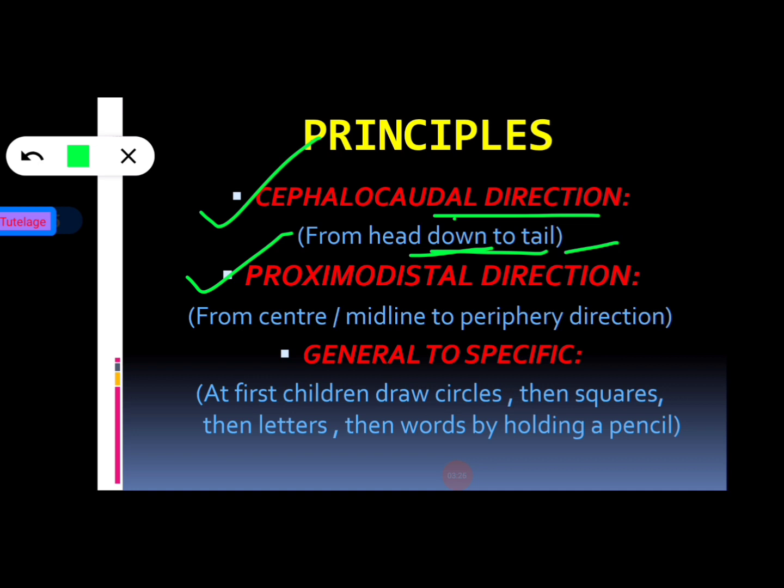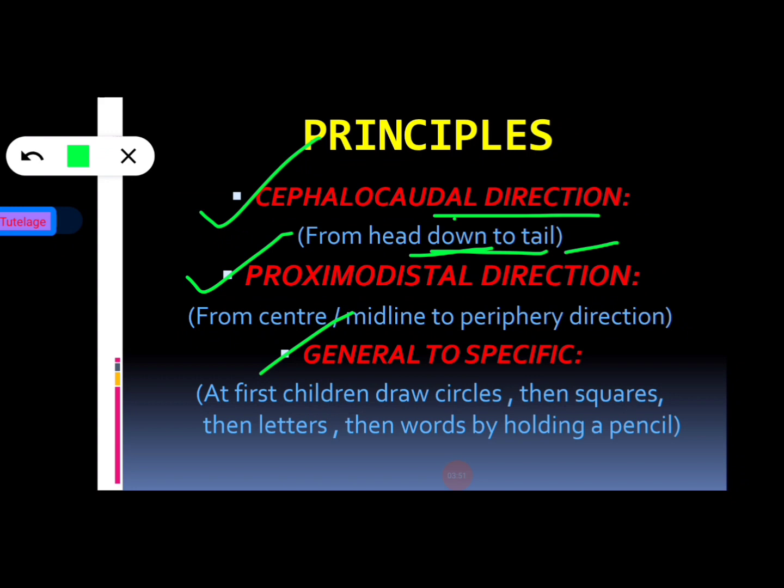Now move on to the last principle, that is general to specific. So children use cognitive and language skills to reason and to solve problems. So at first he or she is able to hold by two hands, then a single hand, and then able to pick small objects.